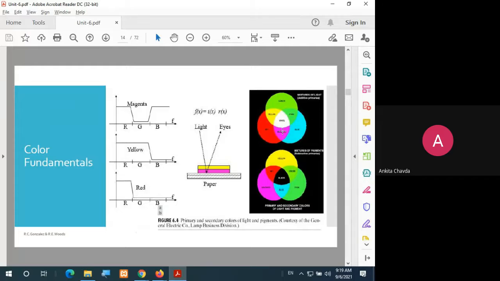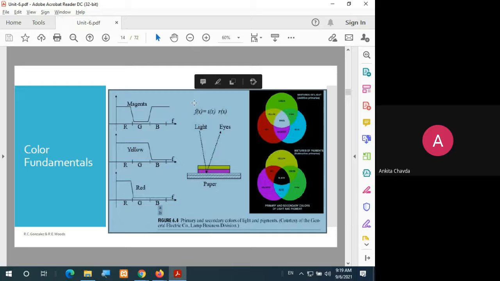The same figure is there. Actually, what your f of x is, this is what we covered in the first unit: f of x equals I of x times R of x. What is I? Illumination, R for reflectance. If you have these two, that is your image, right? That is your image formation model, if you remember.